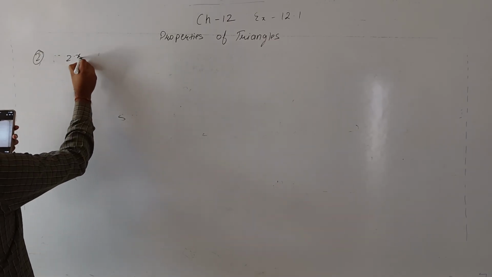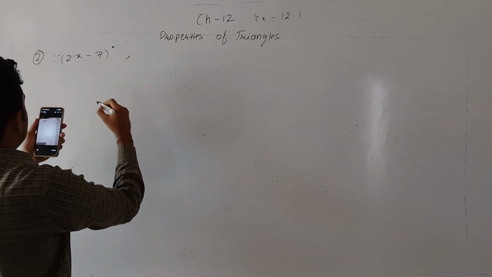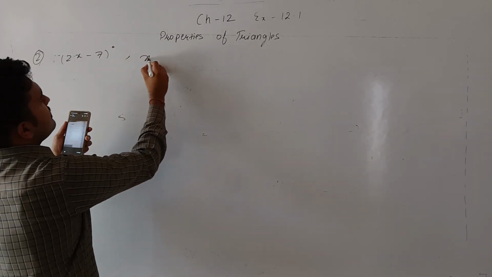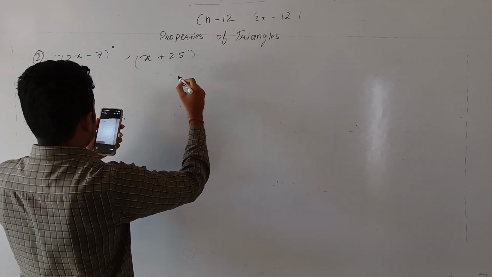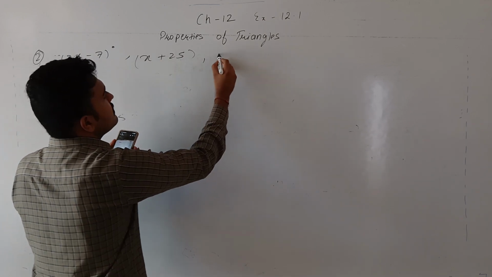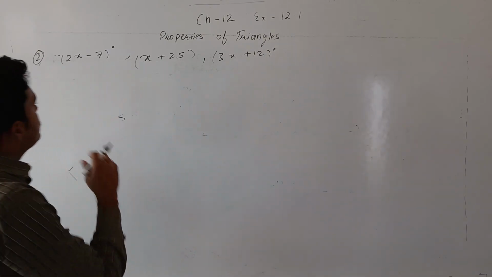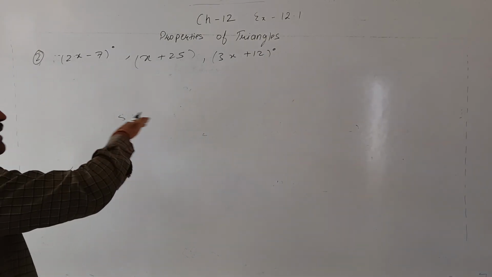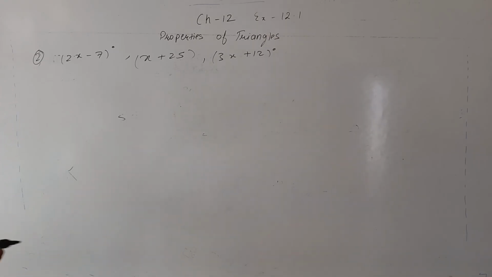The first angle is 2x minus 7 degrees. The second angle is x plus 25 degrees, and the third angle is 3x plus 12 degrees. So these are the three angles. We have to find the value of each angle.